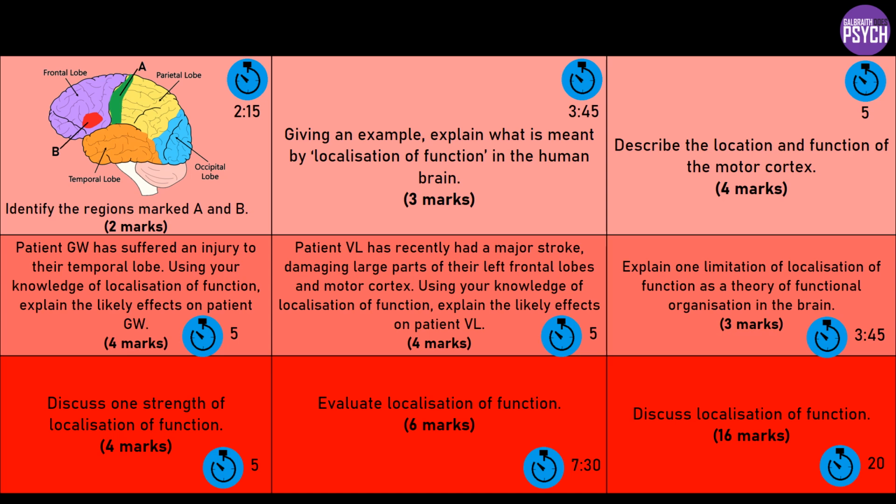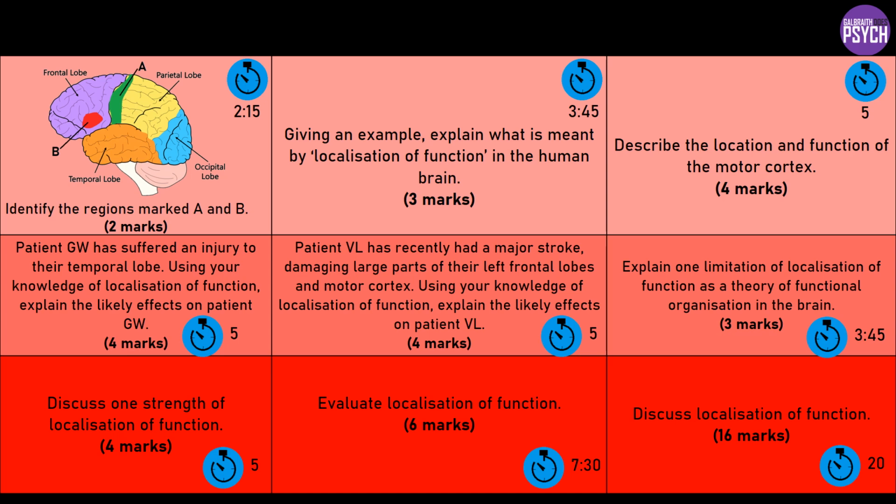Okay, next one. Evaluate localization of function. For 6 marks, I'd be looking for 2 PEEL paragraphs. So we've already talked about a couple. We've talked about the limitation, that it's an oversimplification, so just do that. And then the strength, maybe it's supported by case studies such as patient Tan.